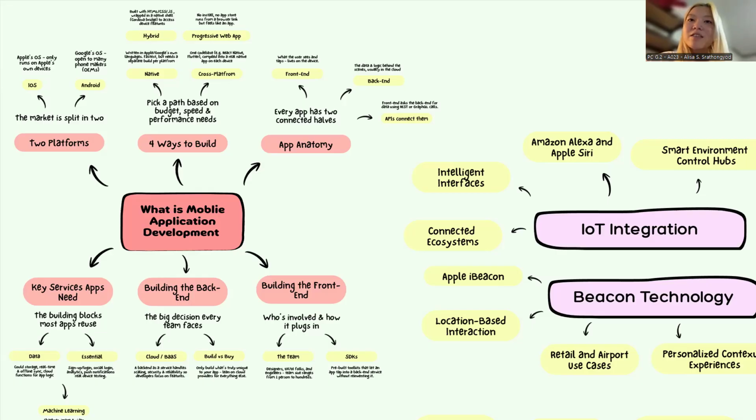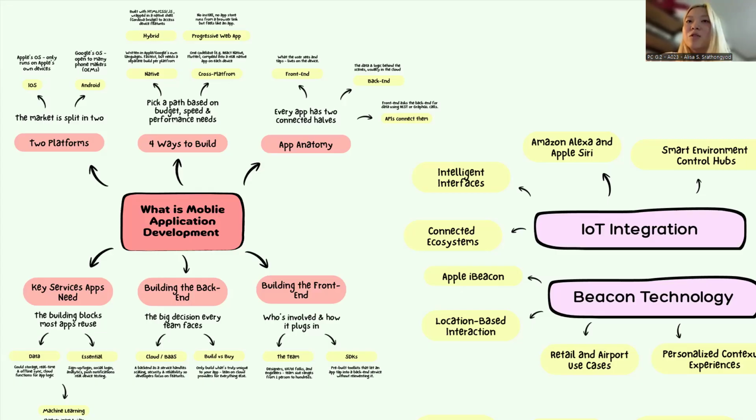The front end is built by a team that includes UI designers, UX designers, and developers. Designers make the app look good and easy to use, while the developers write the code and connect the app to the back end. For the back end, developers can either build everything themselves or use cloud services.